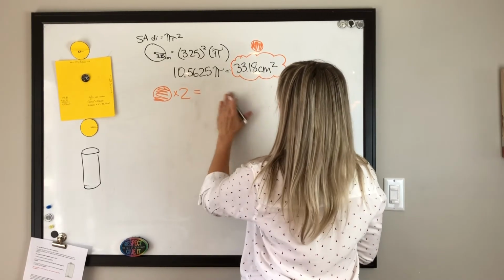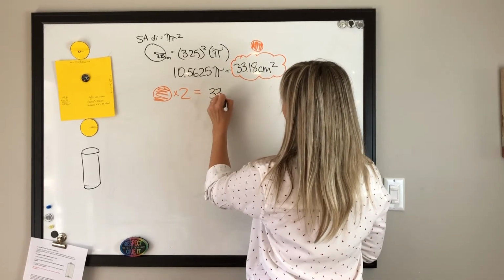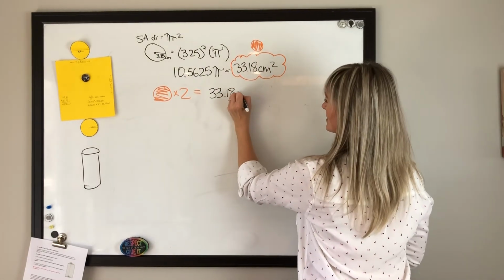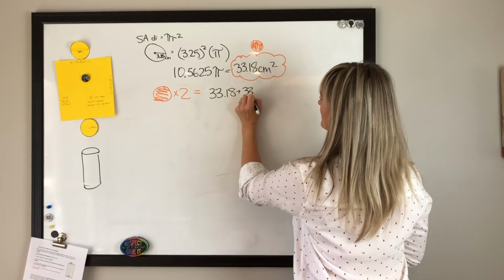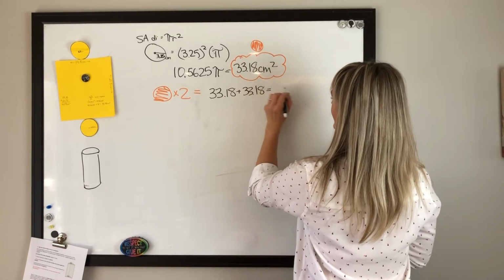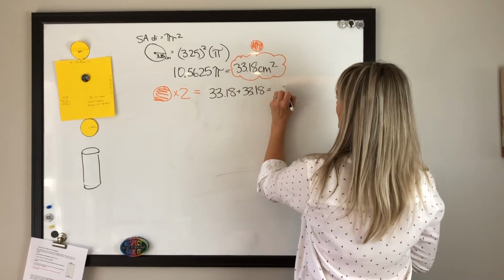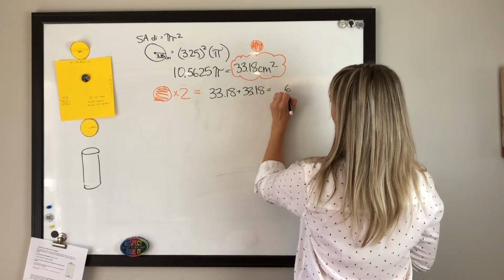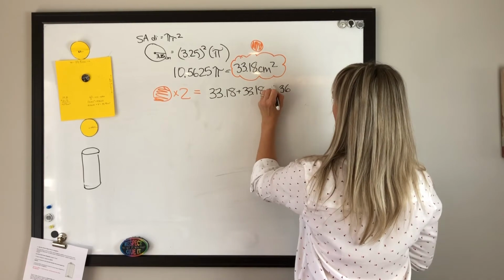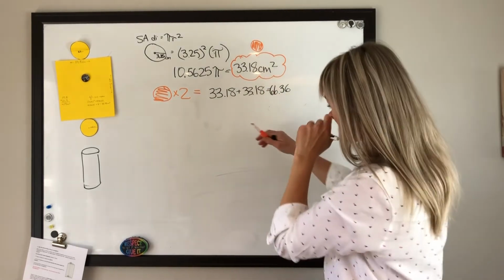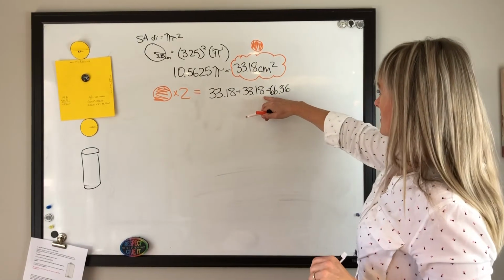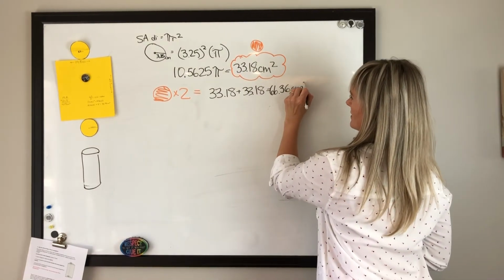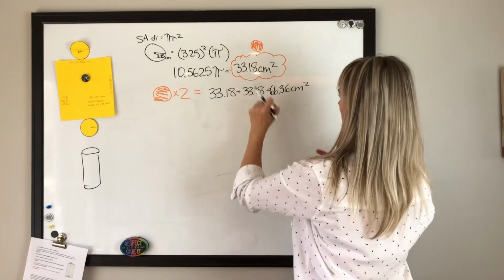You'd have 33.18 times 2, or plus itself, because there's 2 of them. 18 and 18, that's going to give you 36. So we're going to leave our 6 there, and it's going to be 66.36 centimeters squared. So that's 2 of them, okay?